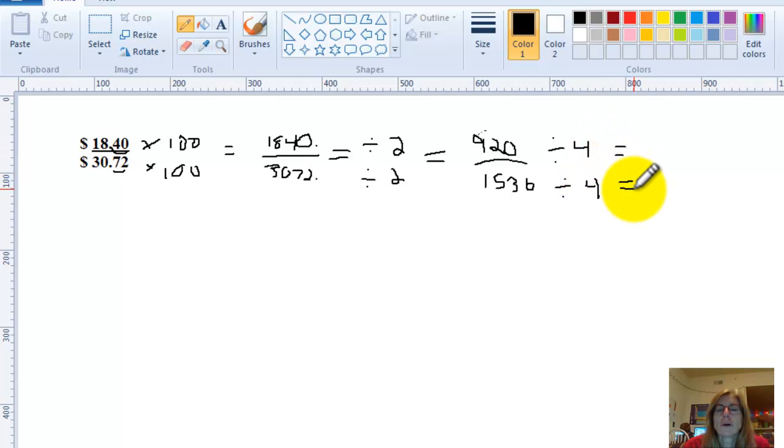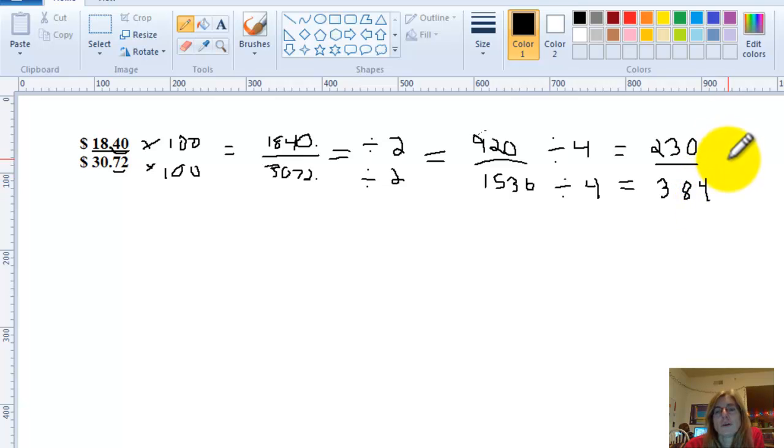So let's divide by 4. 920 divided by 4 is 230. And that's going to be over, because I'm dividing the bottom by the same number, 384. Always divide by the same number. We still have even numbers.